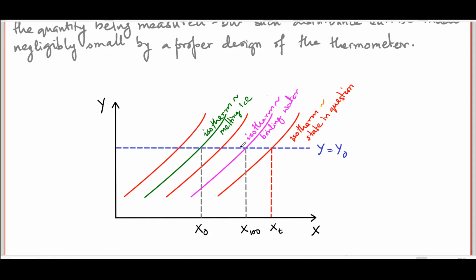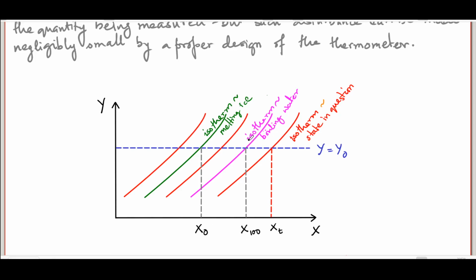Now, these two isotherms are special because they help us to establish the zero and the scale of temperature that we are using here. Note that y is held fixed at y0 as we said, and so when you bring the thermometric system in contact with melting ice, the value of x that you get is this particular value here, namely x0.